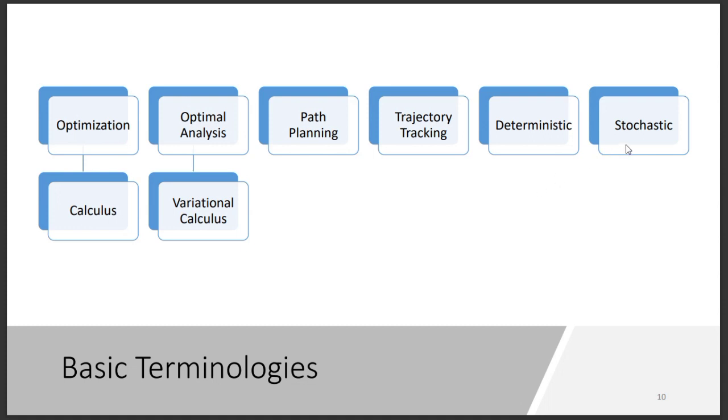Stochastic is the important word, deterministic, and then path planning optimization. Optimization is very important because as an engineer you have to use very few resources for making your product. You have to use optimal resources for a project.